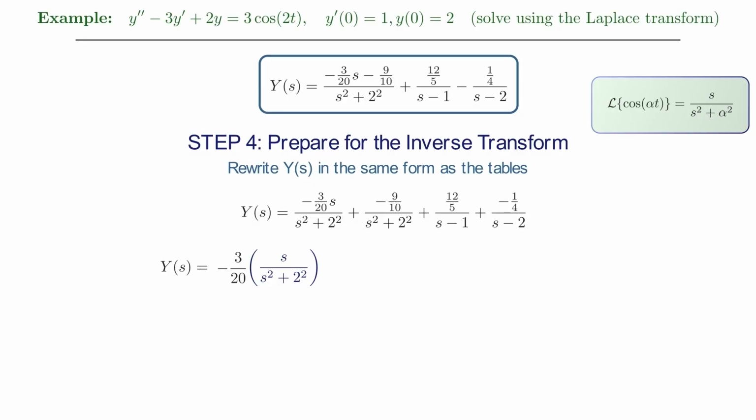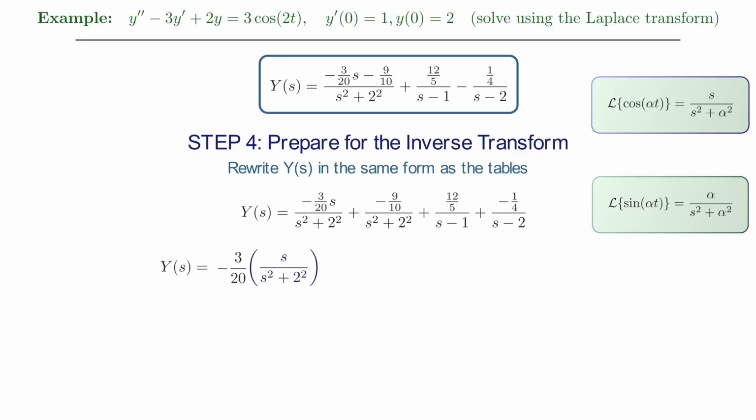So now we want to have a look at that second term. So we want to again write it in the same form as something in the table. So we've got a number over s squared plus a number squared. So we're looking at the Laplace transform of sine of alpha t. So this is alpha over s squared plus alpha squared. And from the bottom of the fraction, we can see that the alpha has to be equal to 2.